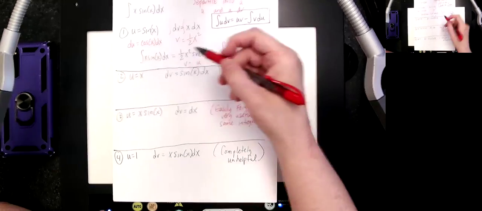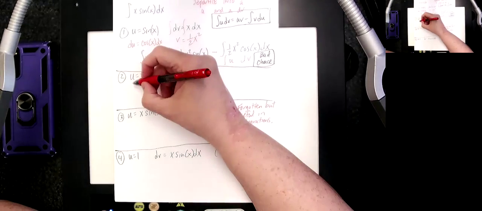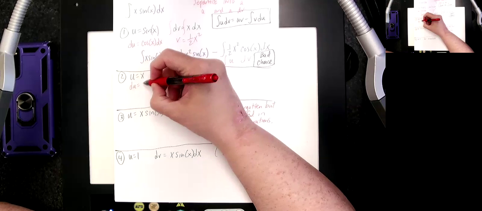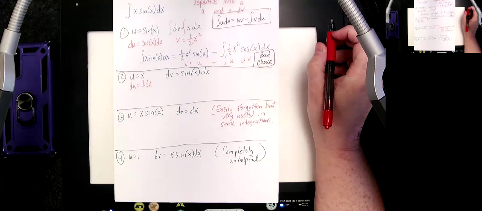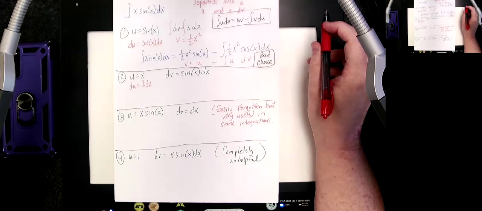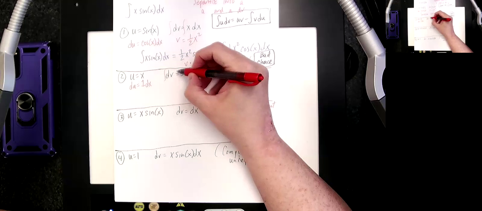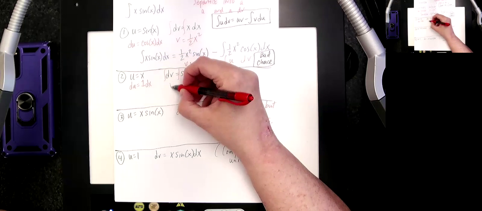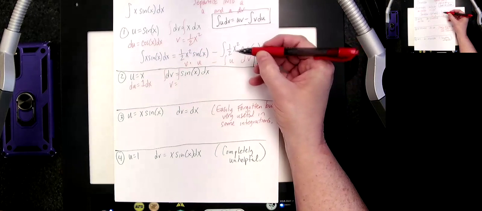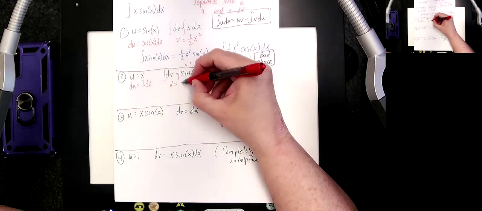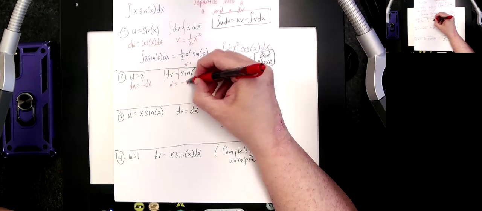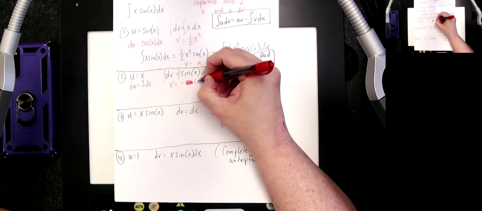Here on number 2, we can say du equals the derivative of x, which is just going to be 1 dx. And if we integrate dv, we get v equals, sine came from cosine, but cosine's derivative is negative. So this is negative cosine x.